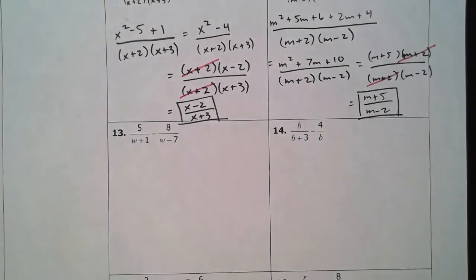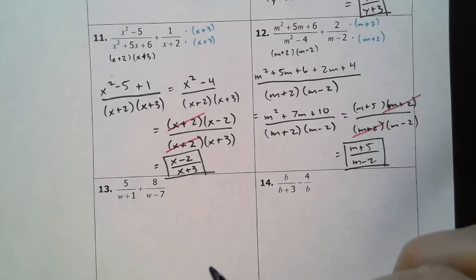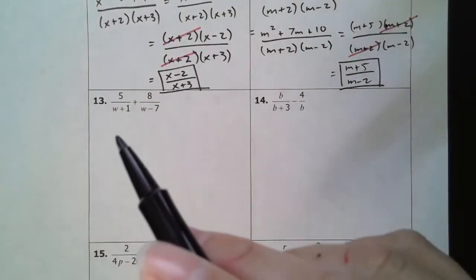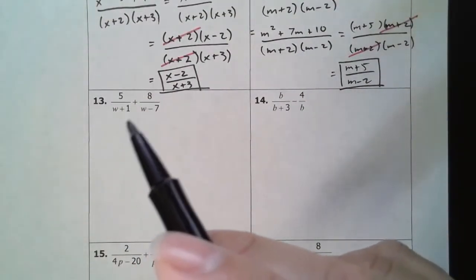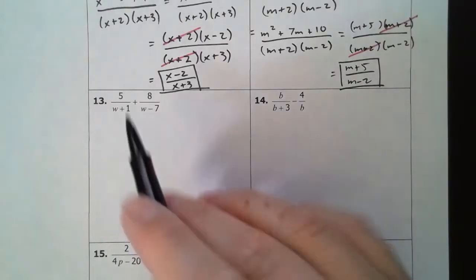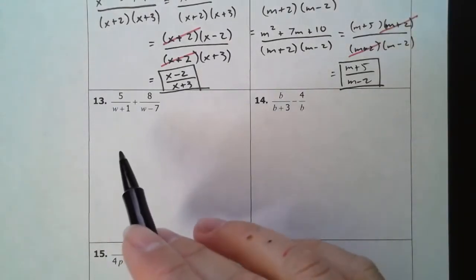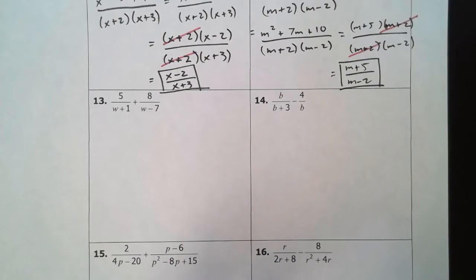Okay, for 13, I think we haven't seen one like this yet. This is one where you can't simplify or rewrite an expression on either ratio. So where would you go from here?